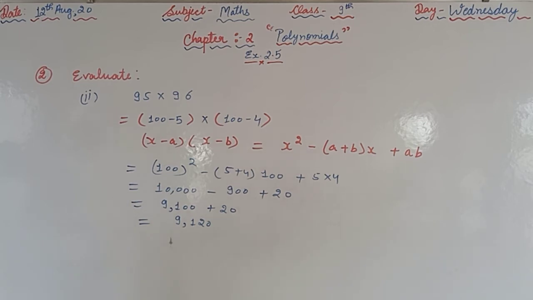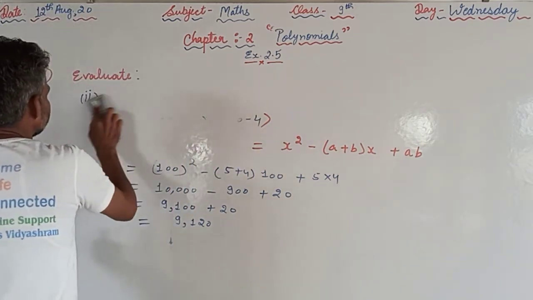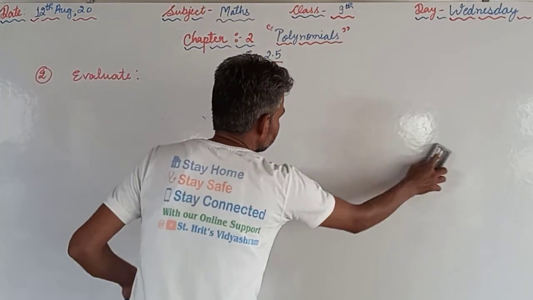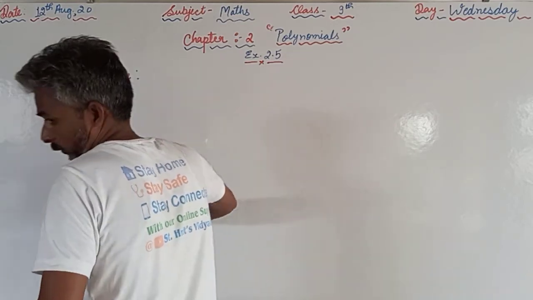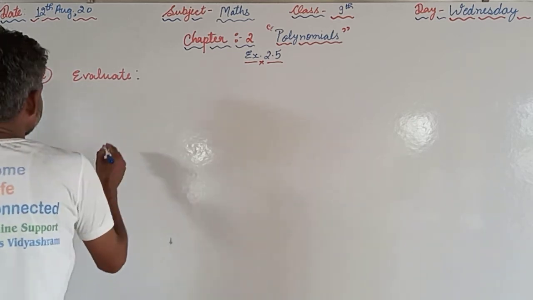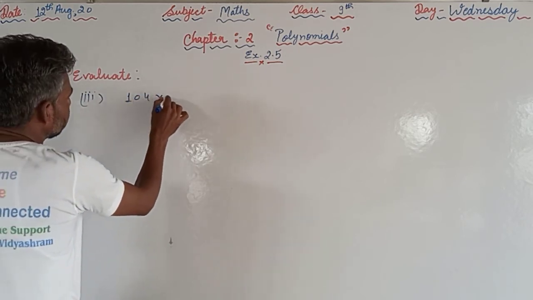So at the same time, the next question is there, in which we are supposed to use a different identity. That is the third part, 104 multiplied by 96.